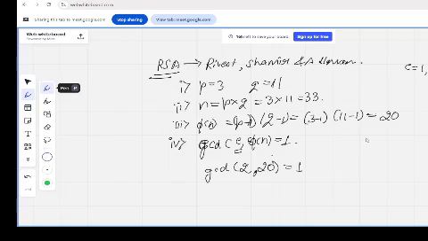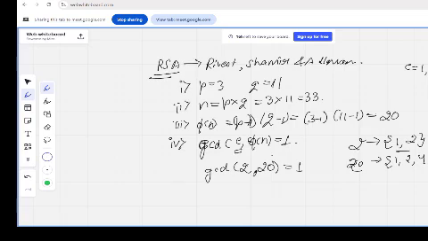First you calculate the factors, like I am calculating the factors of 2. What will be the factors of 2? 1 and 2. Now what are the factors of 20? Factors of 20 are 1, 2, 4, 5, 10 and 20.